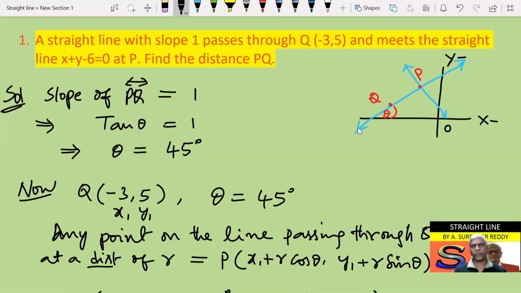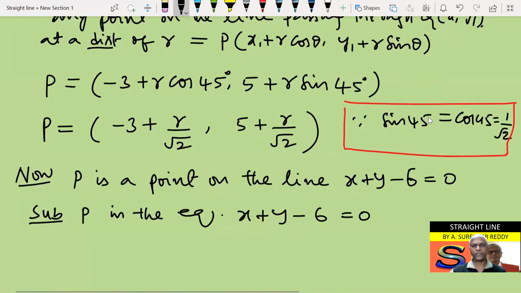A line passing through Q meets the other line x plus y minus 6 at P. So P is a point on PQ line, and P is a point on the given line. So substituting these P coordinates, it should satisfy both the equations.